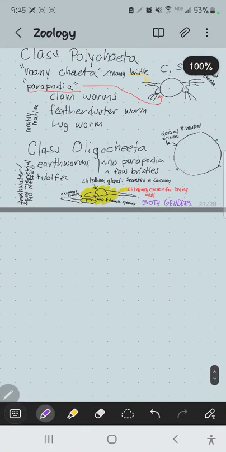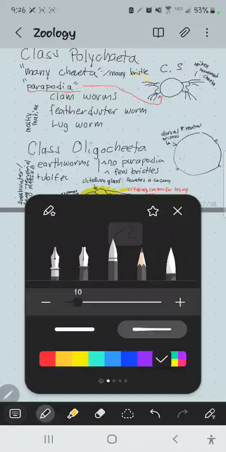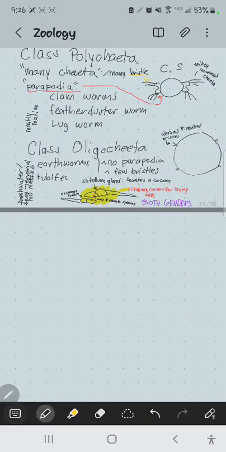And then we have the Hirudinea, which are the leeches. Leeches are all freshwater and some semi-terrestrial leeches. And the leeches have no parapodia and no bristles.